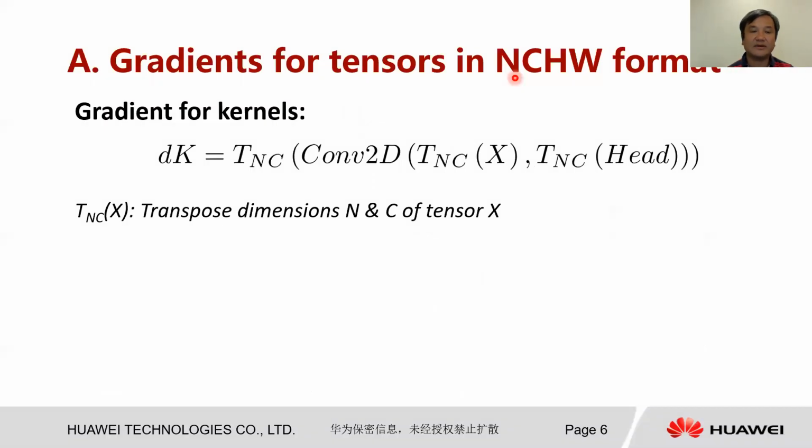The gradient with regard to the kernel k can also be calculated using convolutions. You can see here that we transpose the dimensions of x and y hat, we perform the convolution, and the result is transposed again in the NC dimensions to achieve the gradient.